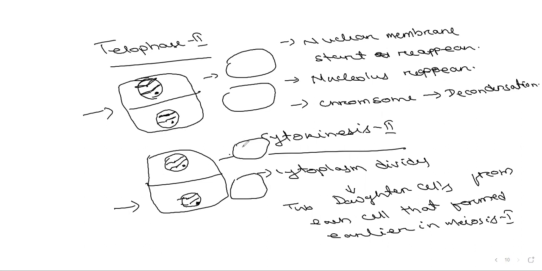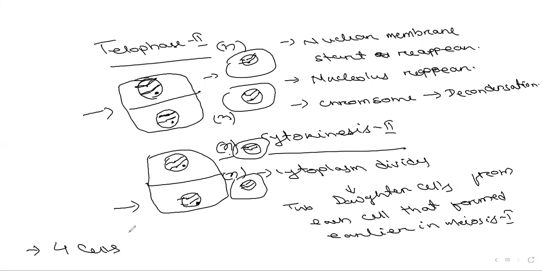Okay, so these two cells now have two chromosomes, and this also has two chromosomes. Here there will be a nucleus having 2 chromosomes. So this is N, this is N, this is haploid. All the cells formed here are haploid cells. At the end of cytokinesis 2, how many cells will form? 4 cells will form.